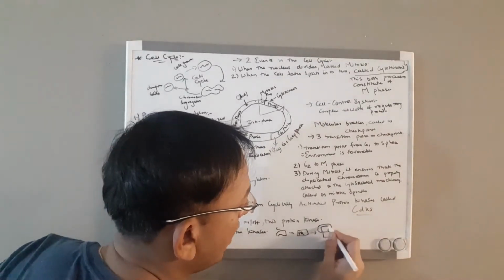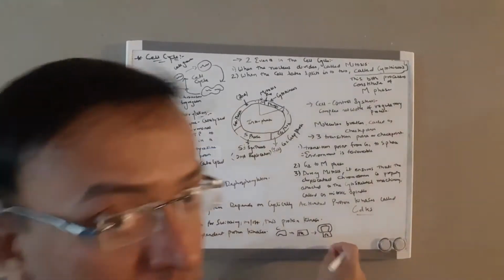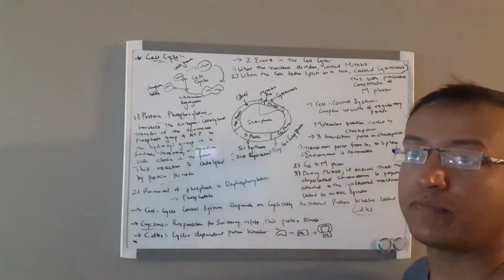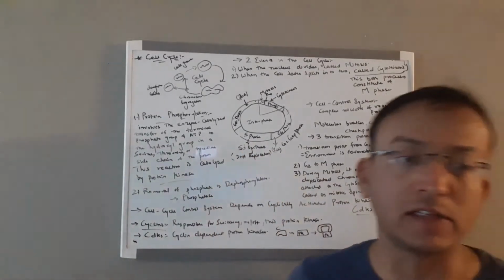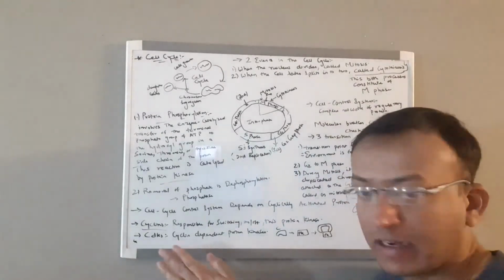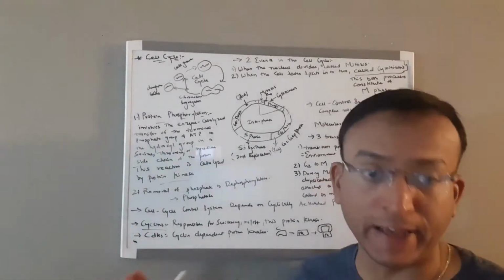Now the cyclin is attached to this protein kinase, and this is how it activates the protein kinase for the cell cycle.